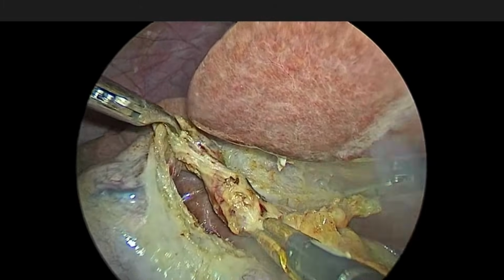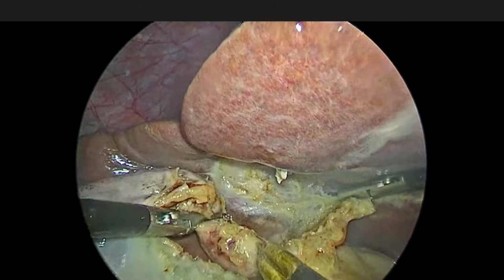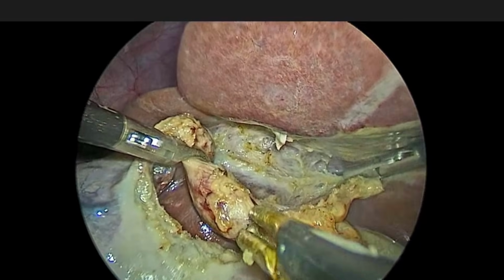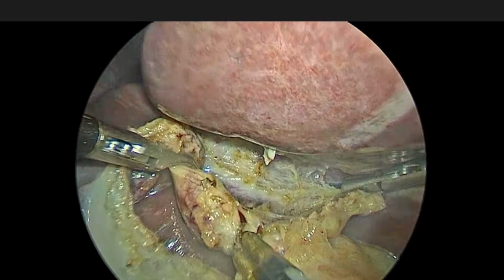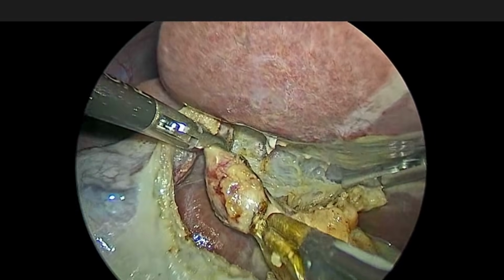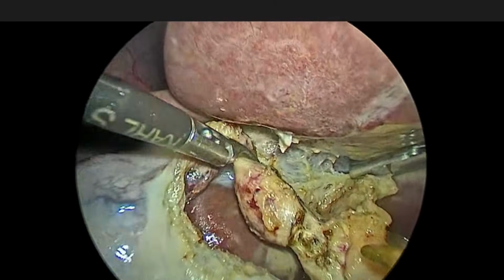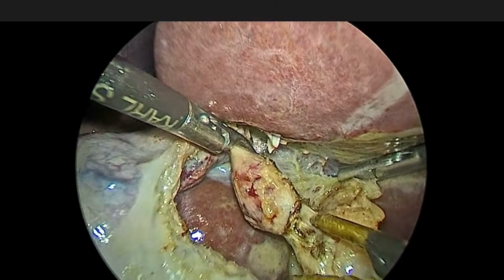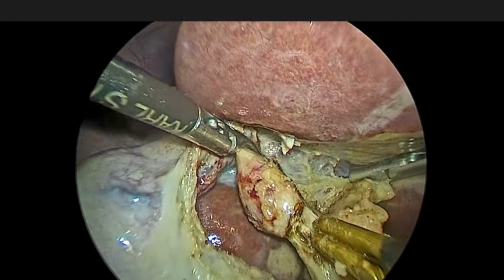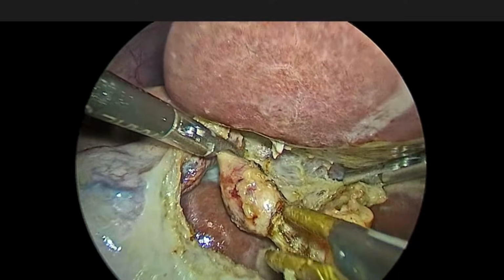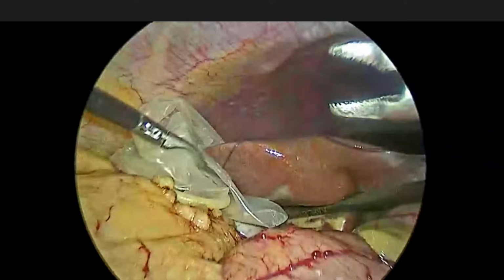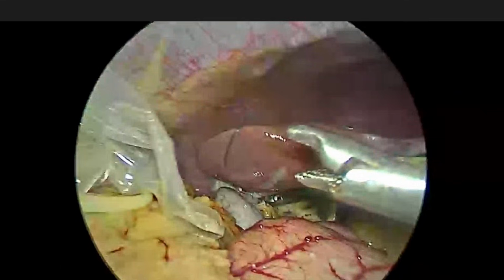So we decided to divide it at the junction with the gallbladder partially, and yes, this is the cystic duct opening. We did not complete the division because we are planning to do transfixation.